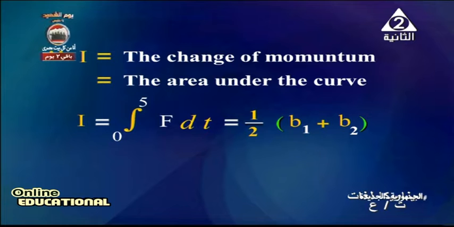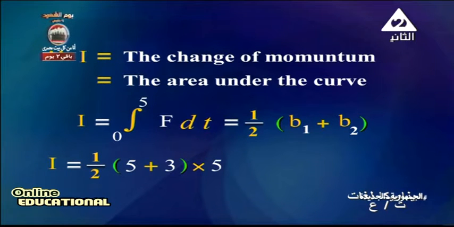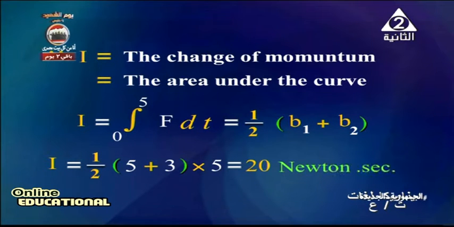The area of the trapezium equals half the sum of the two parallel bases (5 plus 3) multiply the height of the trapezium. Then I equals half multiply (5 plus 3) times 5. Then the impulse I equals 20 Newton second.